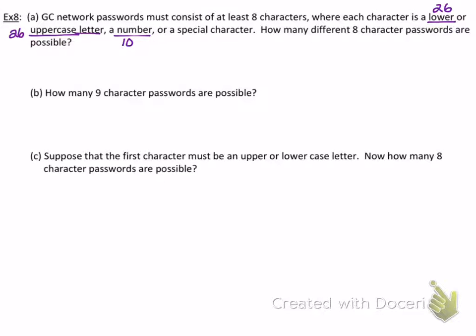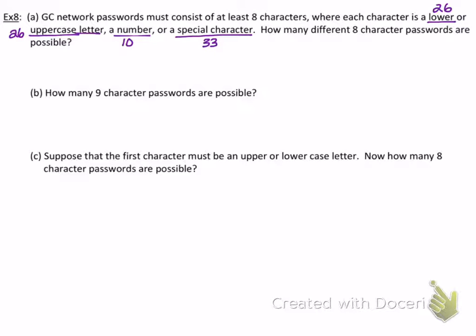So this is like your @ sign, your asterisk, your hyphen, your dash, all those things. And if you didn't know, you have 33 options for that. Then it's asking how many different 8-character passwords are possible. Well, we have 26 lower to choose from, 26 upper, 10 digits, and 33 special characters.